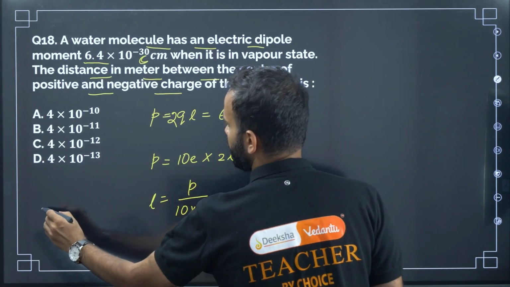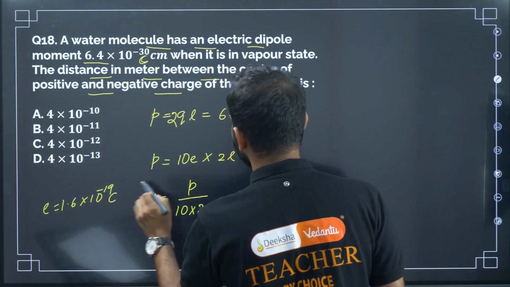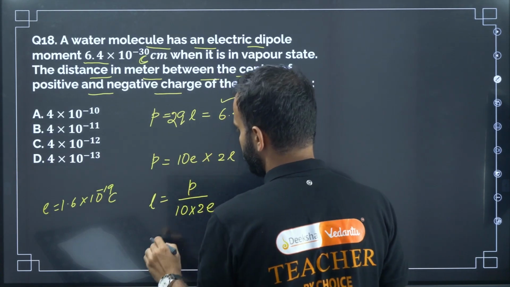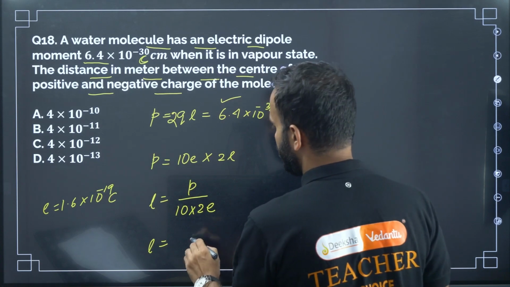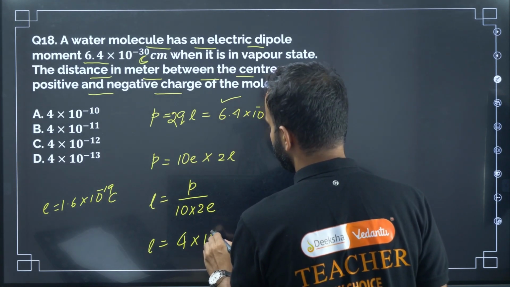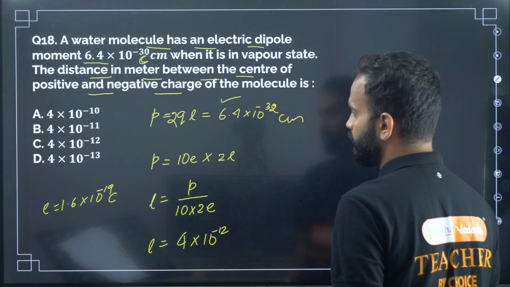So e is 1.6 into 10 to the power minus 19 coulomb, and P is given, right? So now solve this. L equals 4 into 10 to the power minus 12.